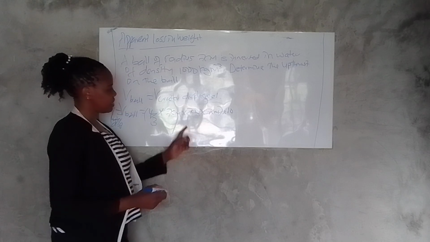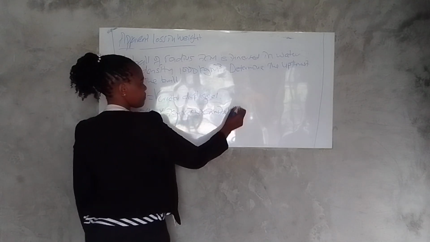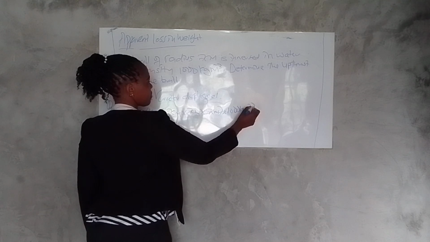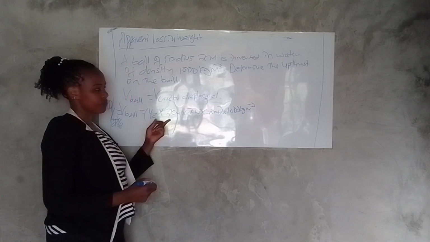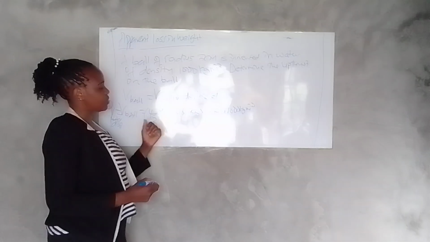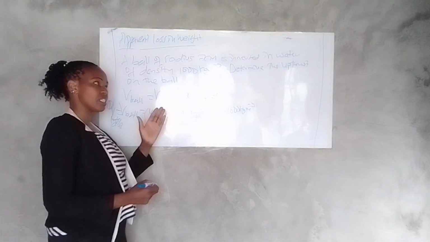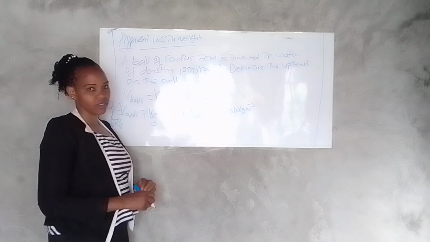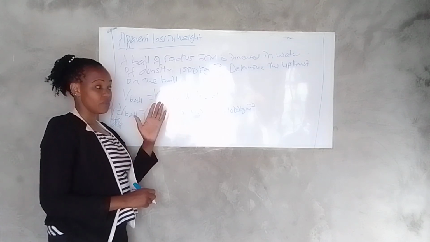Now let's convert this mass. Let's use kilograms. For that, I need to divide this by 1 million. Why? Because I want to change cubic centimeters to cubic meters. Remember, 1 meter is 100 centimeters, so 100 times 100 times 100 is 1 cubic meter.